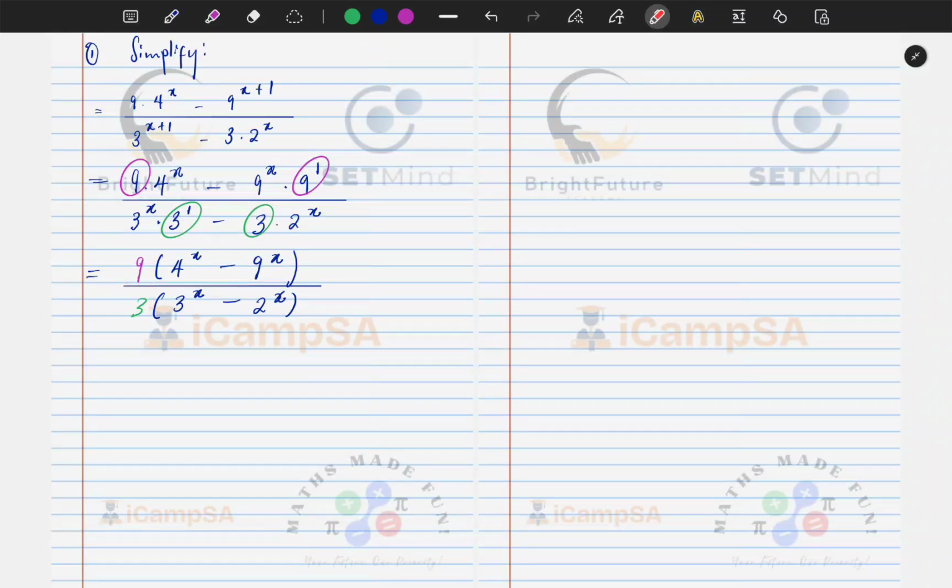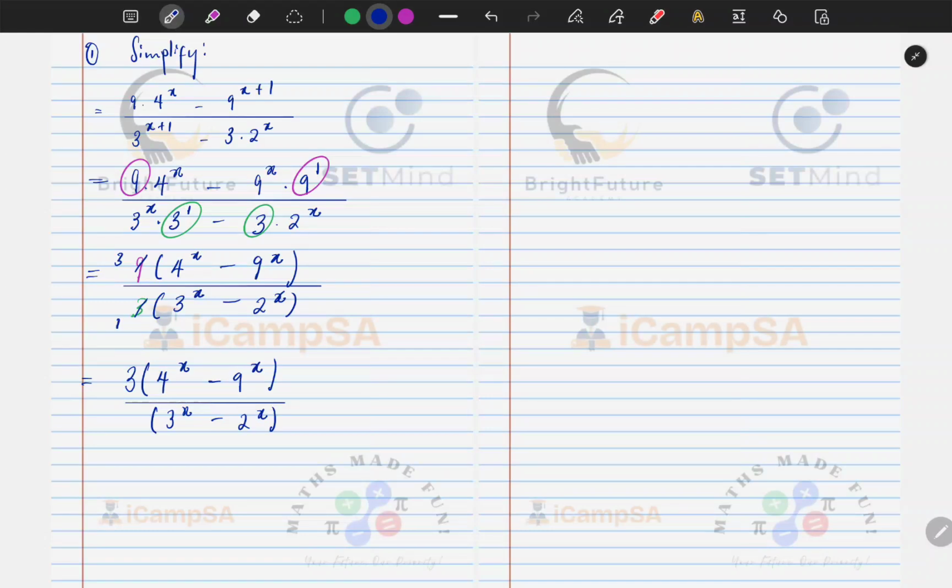How many times does 3 go into 9? It goes 3 times. So here it's going to be 1, here it's going to be 3. Let's continue. Now I'm left with 3 into 4 to the power of x minus 9 to the power of x, all over 3 to the power of x minus 2 to the power of x.